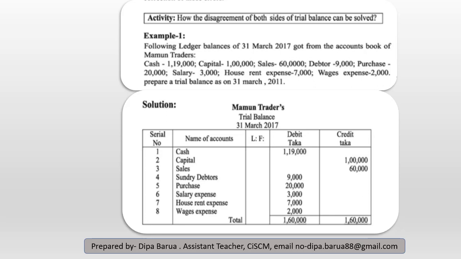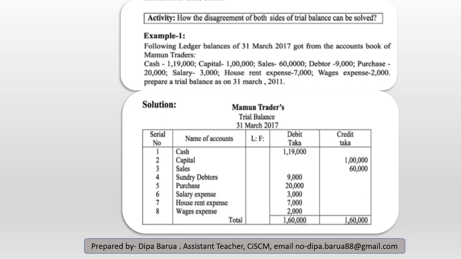Look here at the format. At first you have to write the organization name. Here the organization name is Mamun Traders, and then trial balance, and then 31st March 2017. The first column is the serial number. Number 1, cash. It indicates an asset, that means it will go on the debit side, 1,90,000.